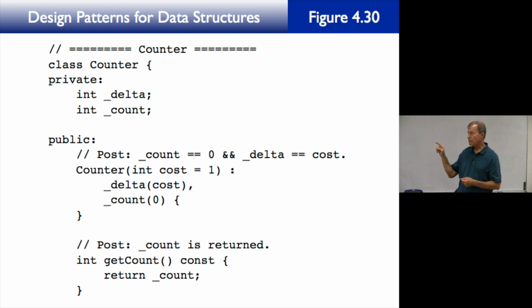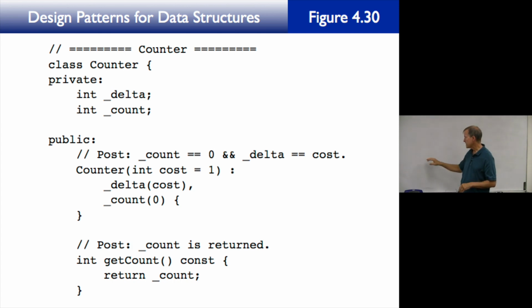That delta represents the cost that we were talking about. So we set up these counters to be general, so if you wanted to assign a cost to each count, you could. Now in our projects, we're just going to keep it simple, and the delta will always be just 1.